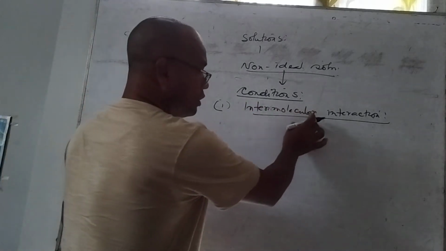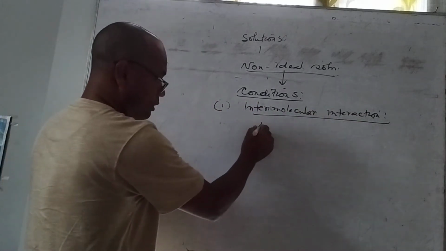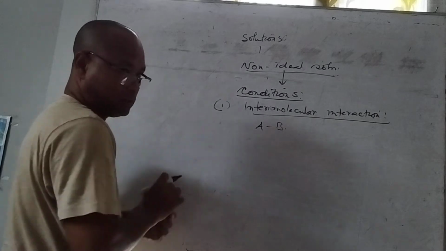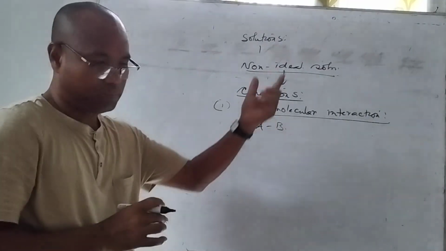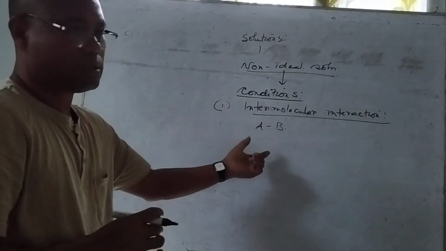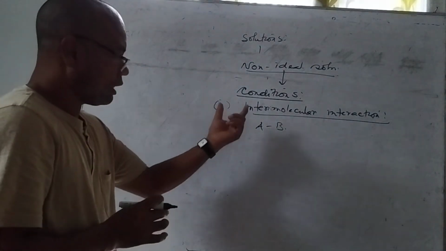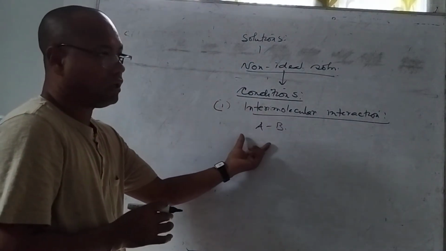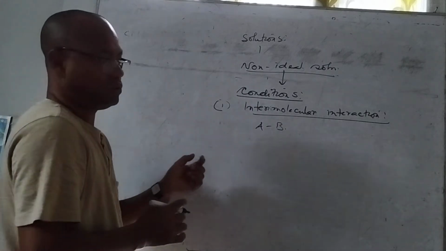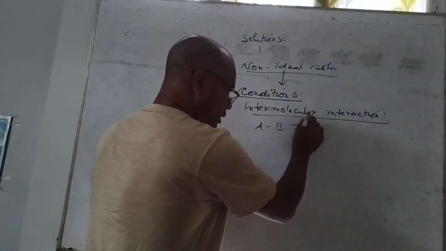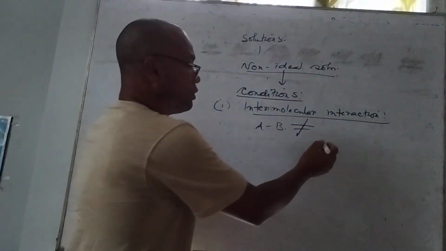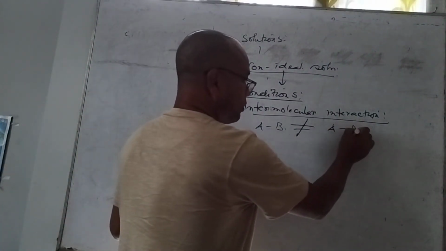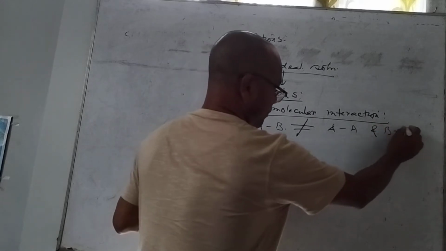The intermolecular interaction of the components in the solution, I'll say A and B, where A is one component and B is the other component. The intermolecular interaction of the components in the solution is not the same; it's different from the intermolecular interaction of the pure components.